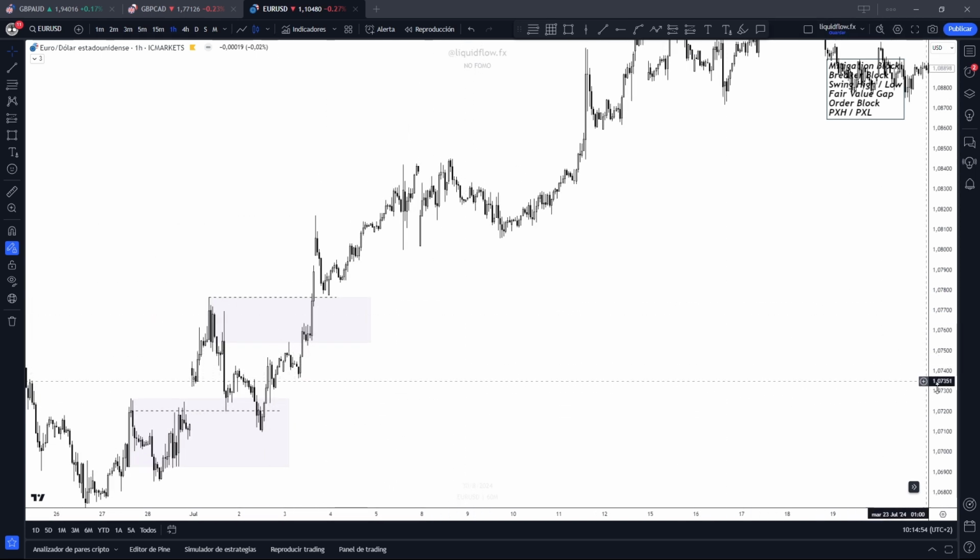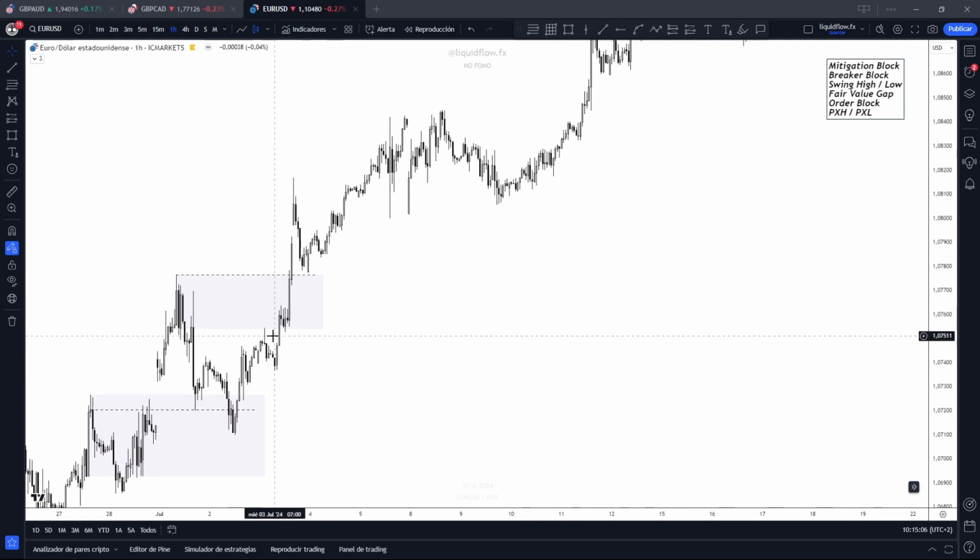So this one is not taken yet, so it will create some sort of liquidity, but that's not what we're talking about today. And then, as you can see, inside of the movement you also have what? Mitigation blocks.